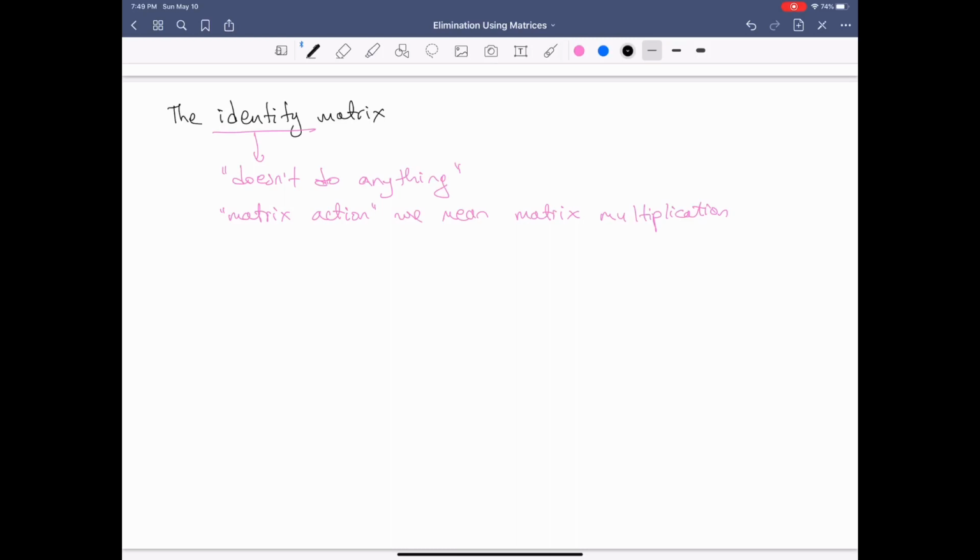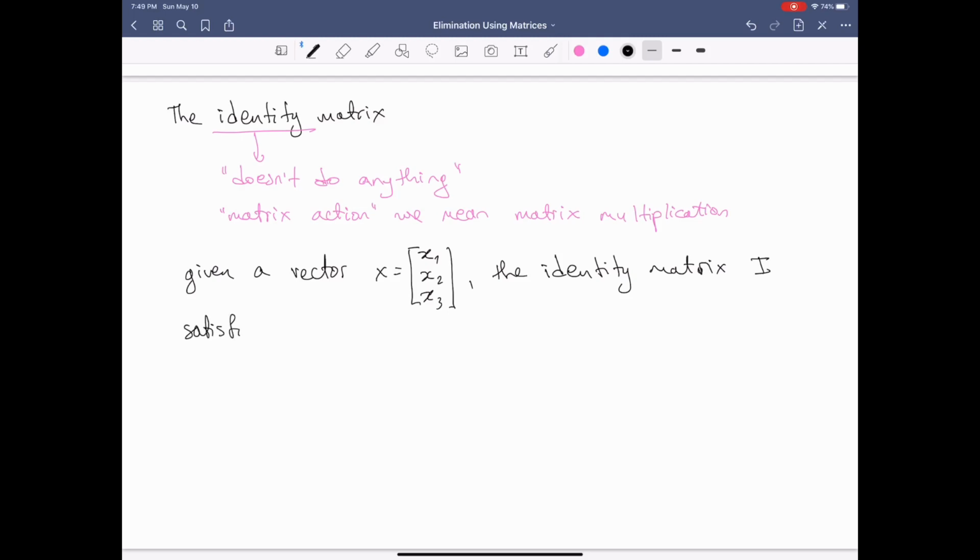So given a vector x with, let's say, 3 components, x1, x2, x3, the identity matrix, denoted I, satisfies I times x equals x.